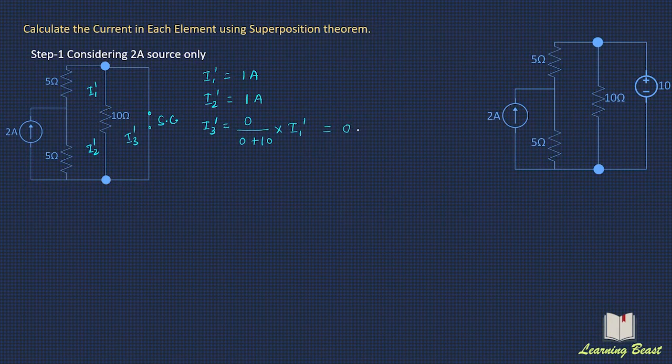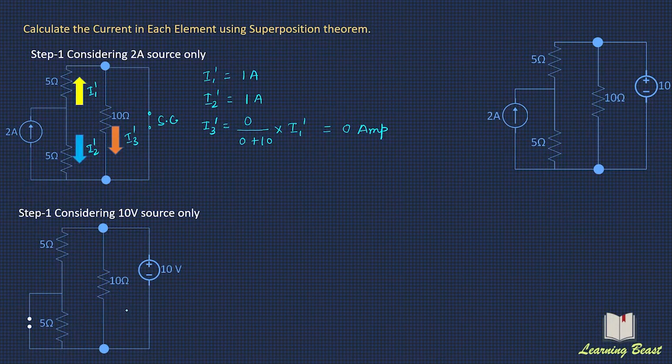So now, as we all know, this branch is having the 10-volt voltage source in parallel, having the value of voltage 10 volt. So this is open circuit.